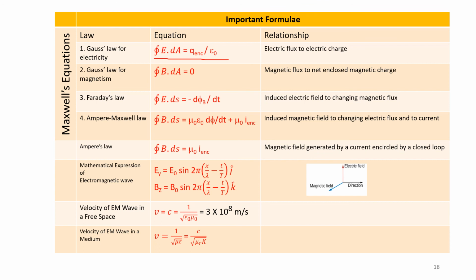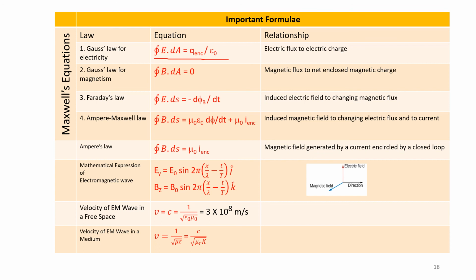Third, Faraday's law: the integral of E dot ds equals minus d phi by dt. This is the induced electric field linked to changing flux, d phi by dt meaning changing flux. And the fourth one, Ampere-Maxwell law. It is a modified Ampere's law.